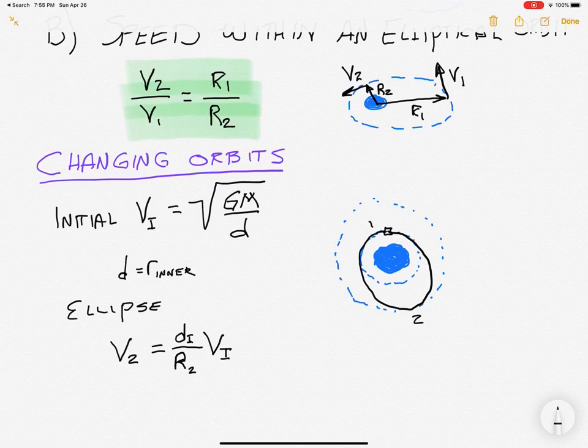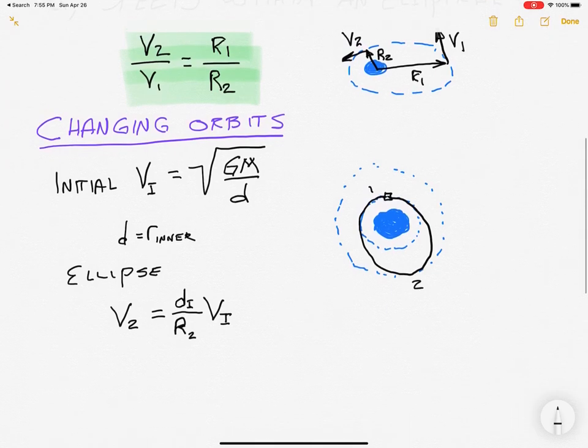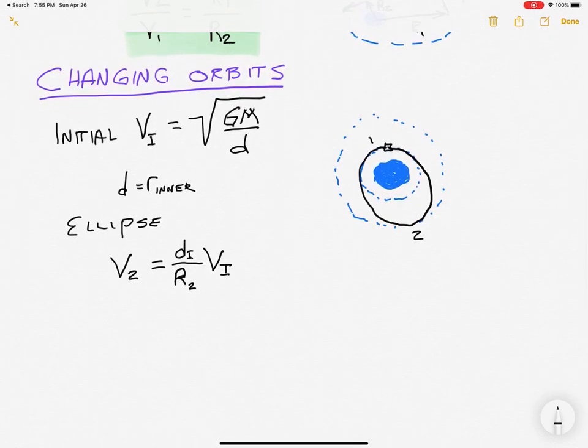And then, okay, so let's calculate the speed at V2. The velocity at speed 2 is given by d inner over the radius of 2.